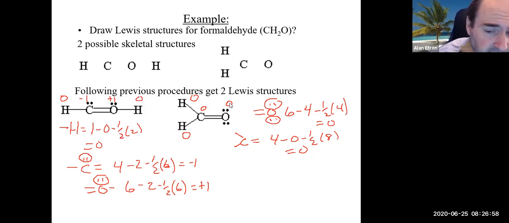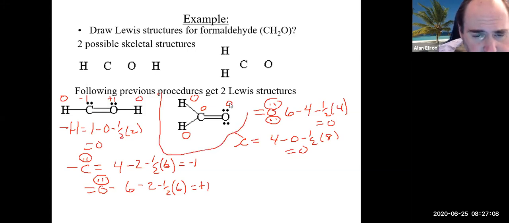Again, following all the rules for drawing things. And based on formal charge, you should hopefully know that the one on the right would be the better structure of the two for a couple of reasons. First off, we hit zeros on everything, which is your best situation in terms of a structure.